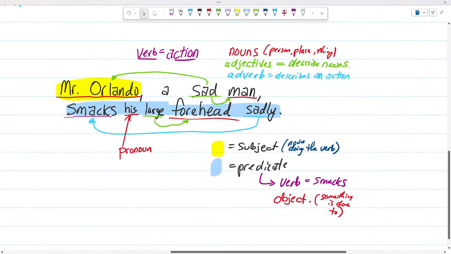But can I tell you? No, you haven't. You don't know the name of it, but you absolutely know it. Right? Because if somebody said, his large forehead smacked Mr. Orlando, you'd be like, no, it didn't. So you do know it. I mean, I guess.